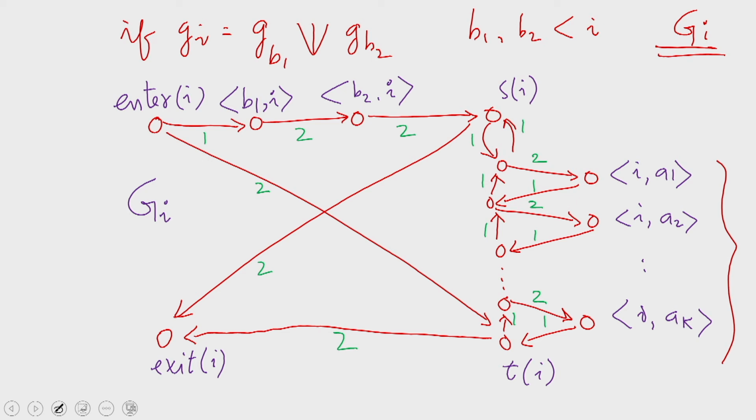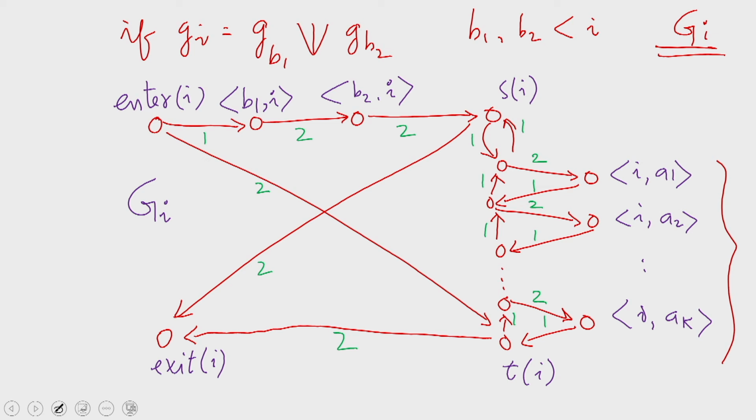When the DFS begins at enter of i, it takes the edge labeled 1 and comes to B1i. B1i has not been visited before. So when you come to B1i, it would explore the edge labeled 1 out of B1i, but this takes us to a vertex which has already been visited in GB1.